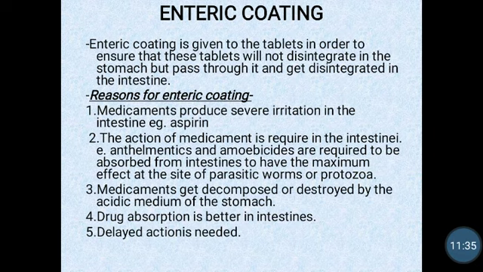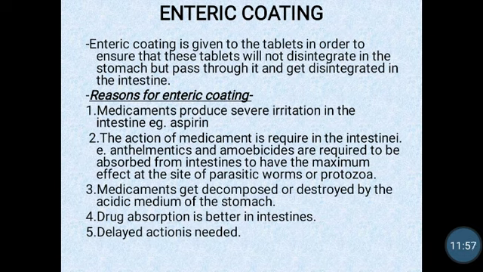Again, the medicaments get decomposed or destroyed by the acidic medium of the stomach. Certain drugs like erythromycin get decomposed in the acidic pH of the stomach. So such drugs need to be absorbed in the intestine.